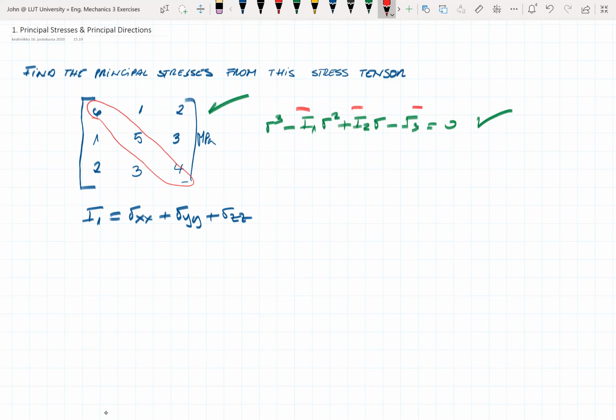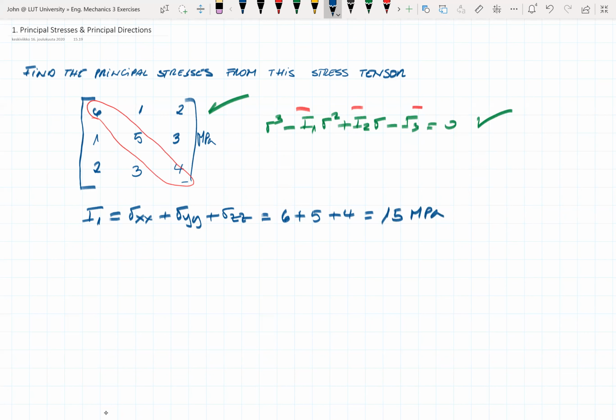This is also what is called the trace of the matrix. Following here, this is going to be equal to 6 plus 5 plus 4. I already calculated this to save time, and it gives 15 megapascals.